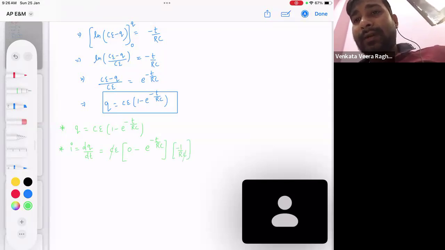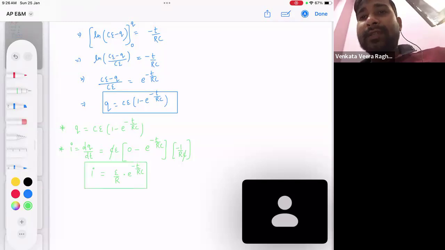The C's get cancelled out. E by R into e to the power minus t by RC will come. So that is the current as a function of time. Understood? Charge as a function of time, we got it. Current as a function of time, we got it.